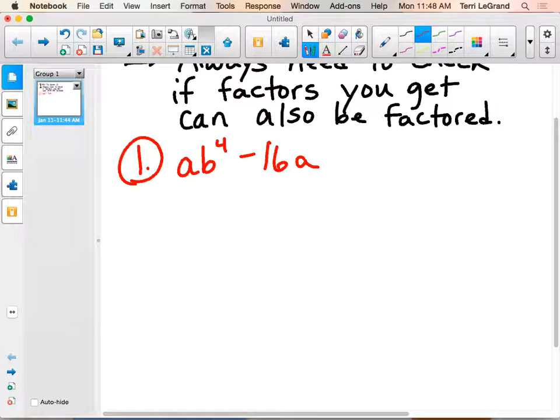Oh, we can GCF out an a? Okay, so we're going to do a as our GCF. And so that's one of our factors, and the resulting factor is b to the 4th minus 16.